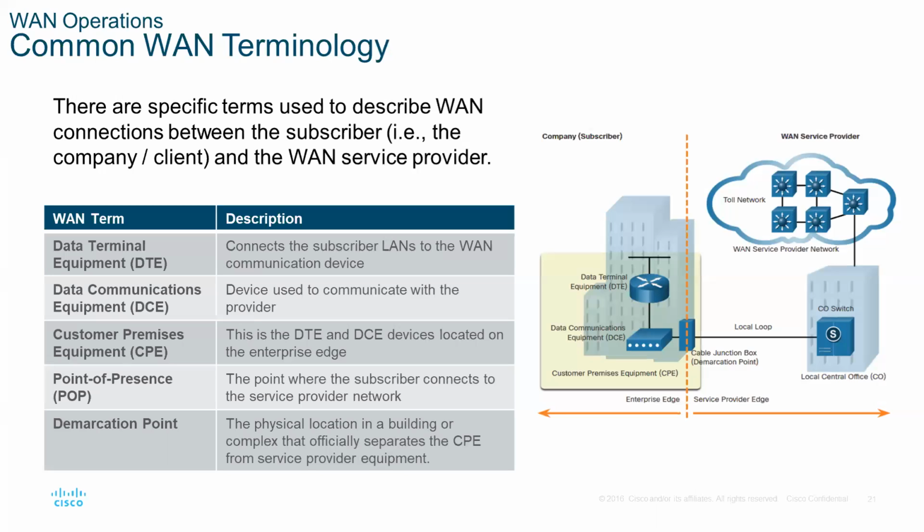This is the device that changes the signaling so that the service provider can connect to your equipment, which is the data terminal equipment, DTE, which is generally customer premise equipment as well, depending on your agreement.